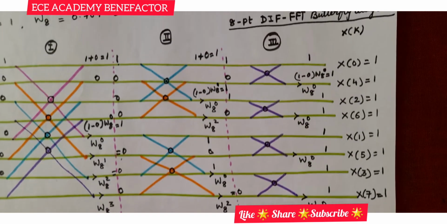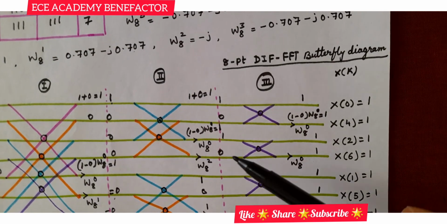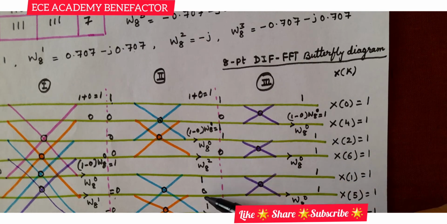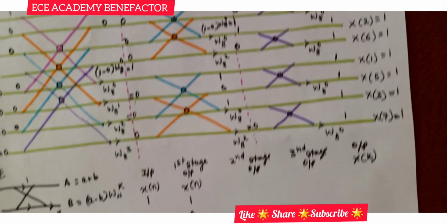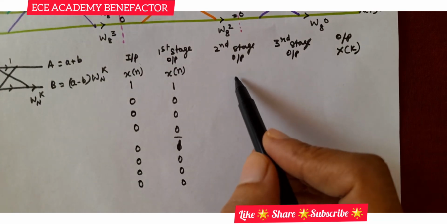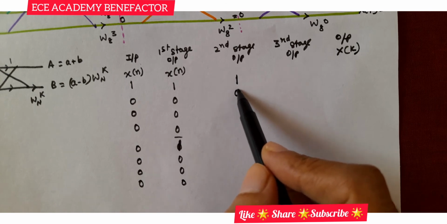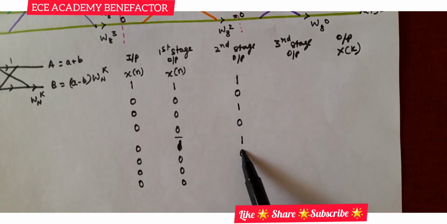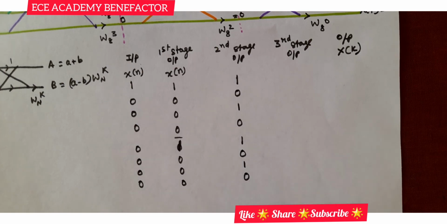Coming to second stage, what is output here? 1 0 1 0 1 0 1 0. So output of second stage is written as 1 0 1 0 1 0 1 0.